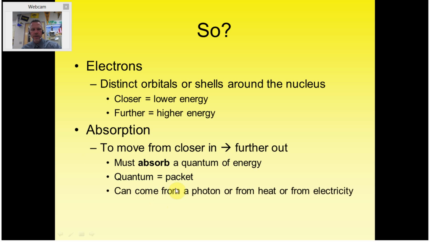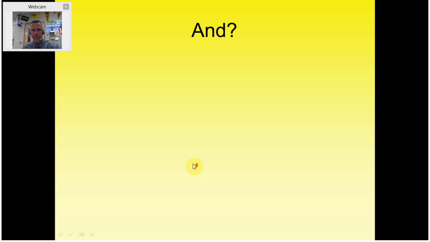This energy can be absorbed from a photon, or from heat, or from electricity. And this process, of course, is called absorption. So you can excite an electron from a lower energy orbit into a higher energy orbit by allowing that electron to absorb some energy, a very specific amount of energy called a quantum.